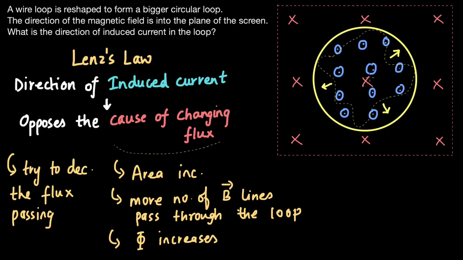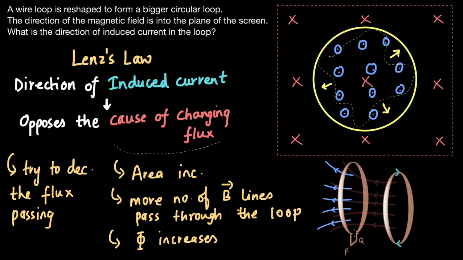It is interesting to see that in this case, the field lines that are produced are opposite to the field lines that were present to begin with. And those are the red lines into the plane of the screen. This is unlike the previous case, because there the magnetic field lines produced by the coil were in the same direction as the other field.